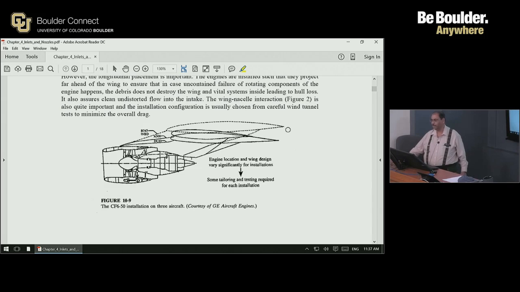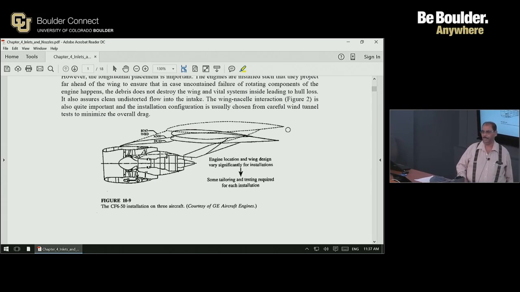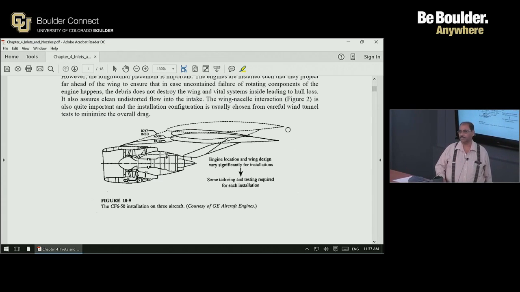Anyway, this wing nacelle interaction is quite important, and the configuration has to be chosen very carefully. Now, remember, it is the upper surface of the wing that usually produces a significant part of the lift. So you want to keep the upper surface as undisturbed as possible. This is one of the reasons that you don't see over the wing engine installations.